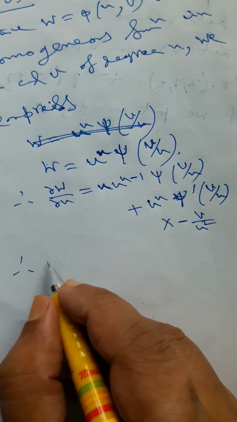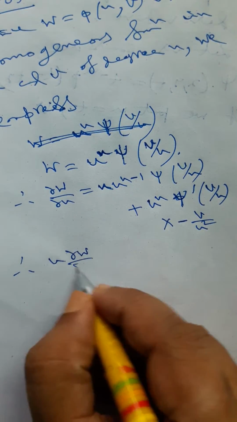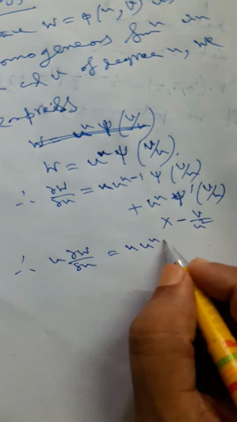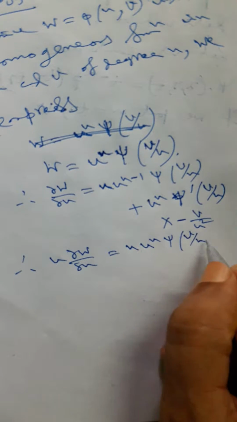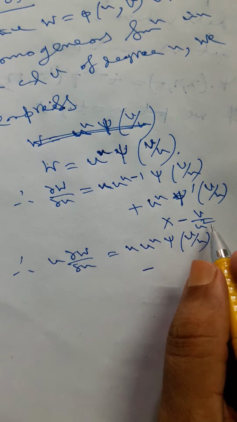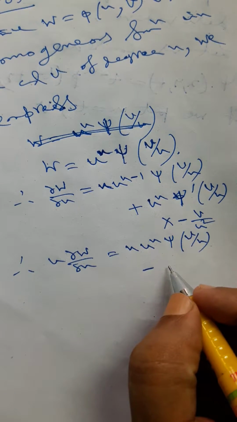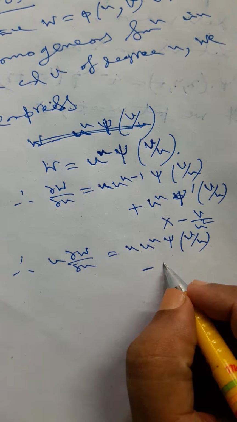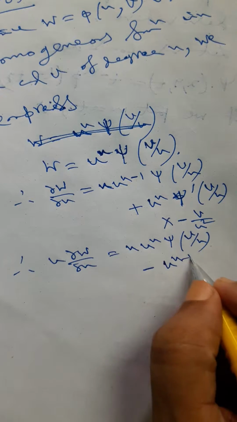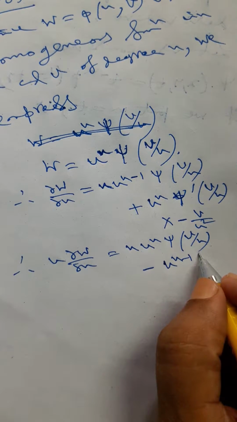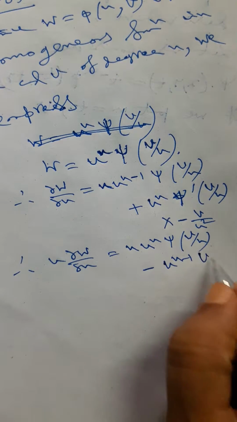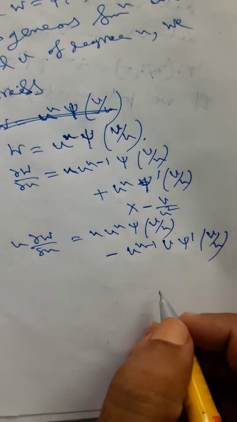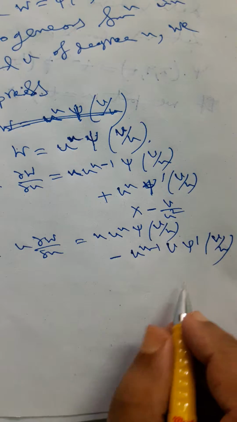Therefore u del w del u will be n u to the power n psi of v by u minus u to the power n minus 1 into v psi dash of v by u. So in this way we are getting the value.